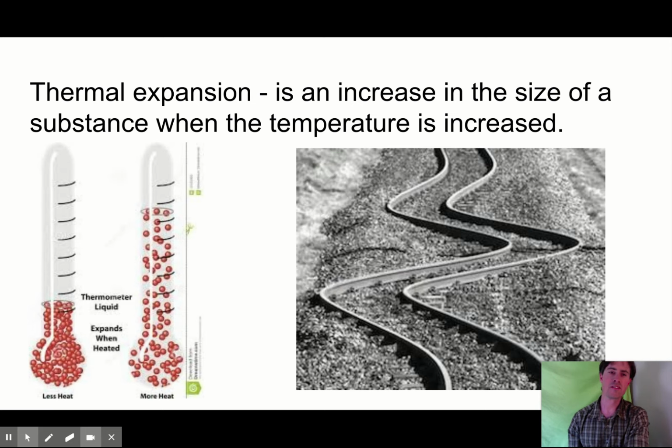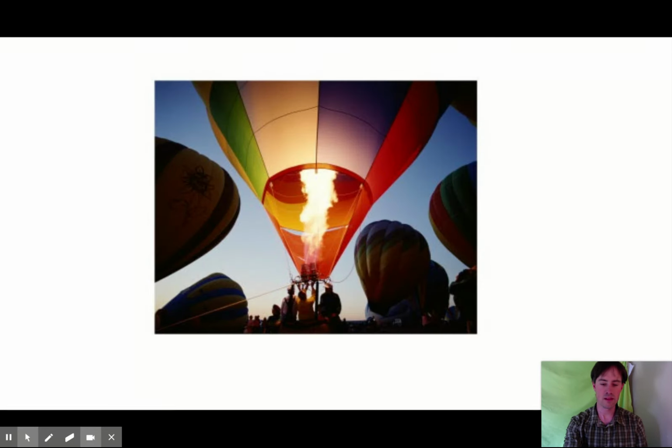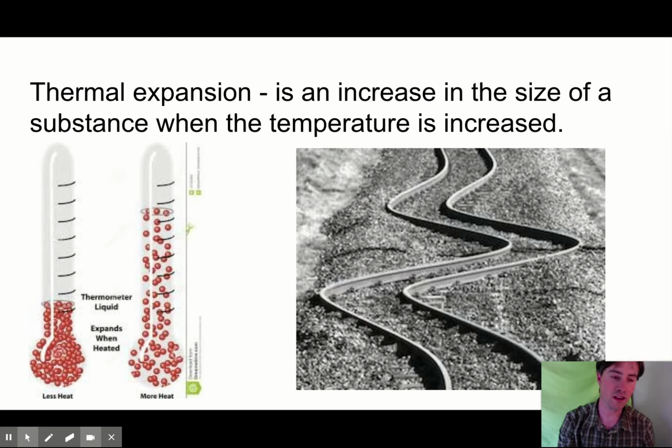Thermal expansion is the next term. With thermal expansion, as things increase in temperature, they also increase in size. You can see there that the railroad track, as it got warmer, expanded against itself and buckled. That's also how thermometers work.